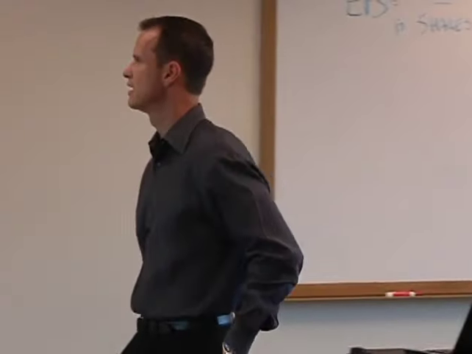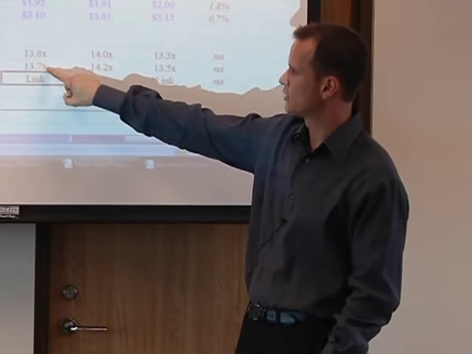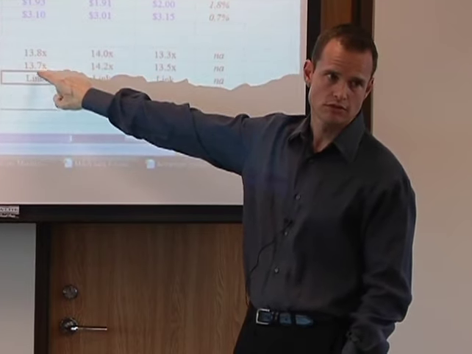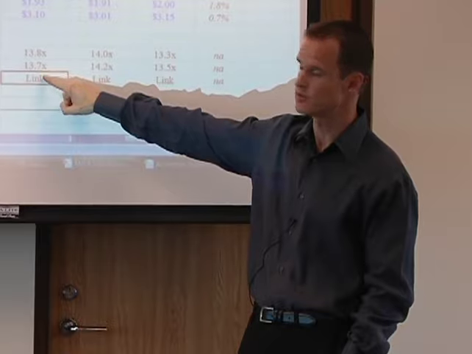And what we see here is that on an LTM basis, at least, Kellogg is trading at a slight discount to Kraft in terms of their price earnings multiples. Kellogg's trading at 13.7 times earnings, Kraft is trading at 13.8.